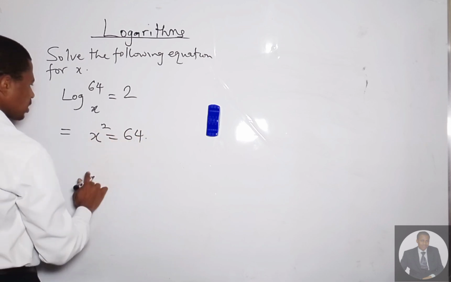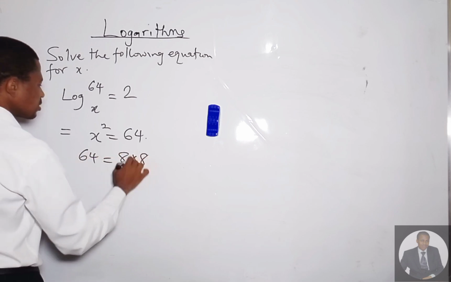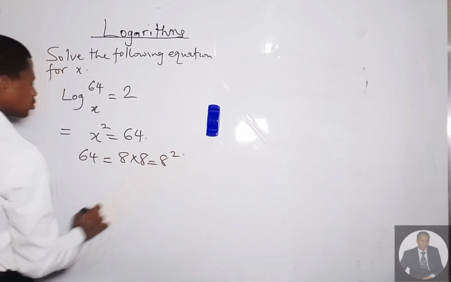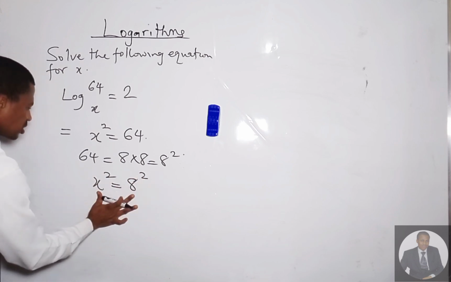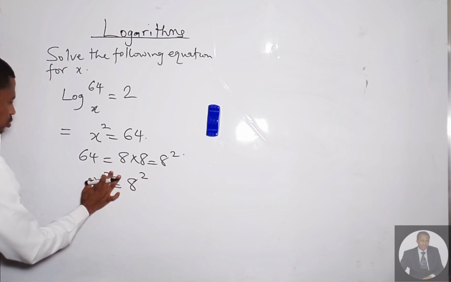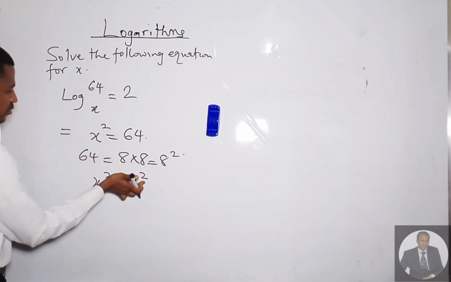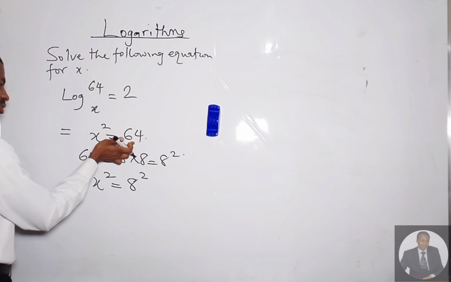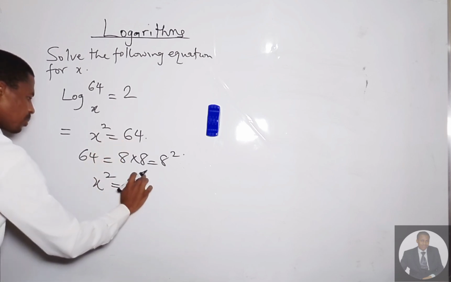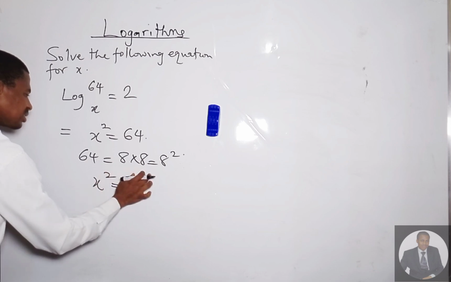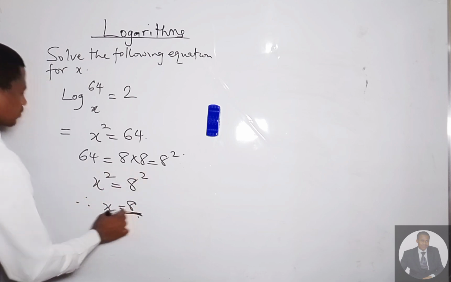So what is 64? 64 is the same as 8 times 8. That's 8 to the power of 2. So x to the power of 2 is equal to 8 to the power of 2. 8 to the power of 2 is 8 times 8, 64. So if x to the power of 2 is the same thing as 8 to the power of 2, the exponents are the same, so the base must be the same. Therefore, x is 8.